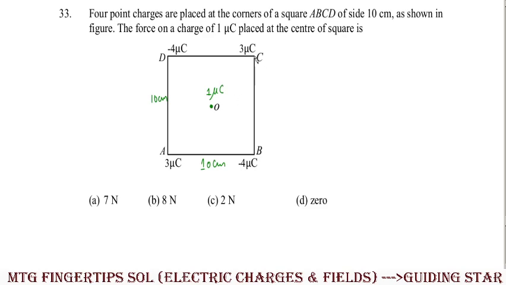Here it is asking. So here in this particular case, how will you solve this one? So just join each of the charges which are present at the corner of the square with the center charge. Clear? Center charge, but that means 1 microcoulomb charge. 1 microcoulomb charge को हम क्या करेंगे यहाँ पे बाकी सभी चार्जेस के साथ यहाँ पे जोड़ेंगे. Clear?